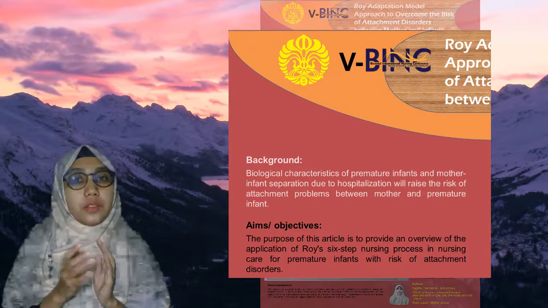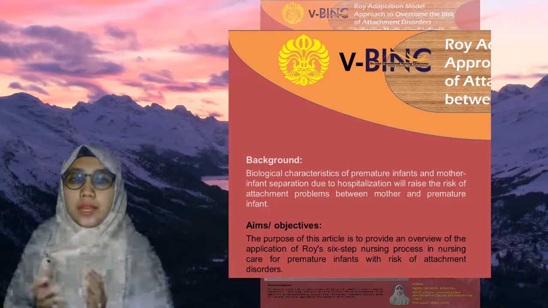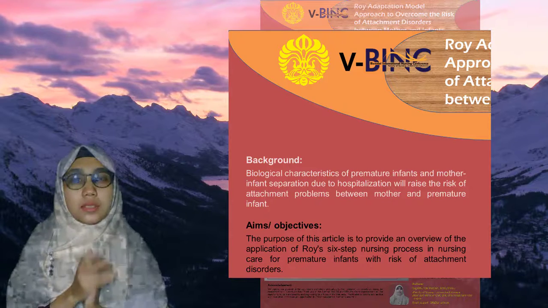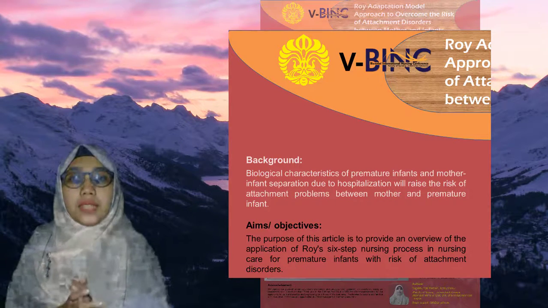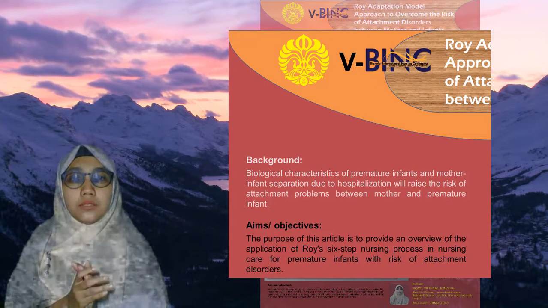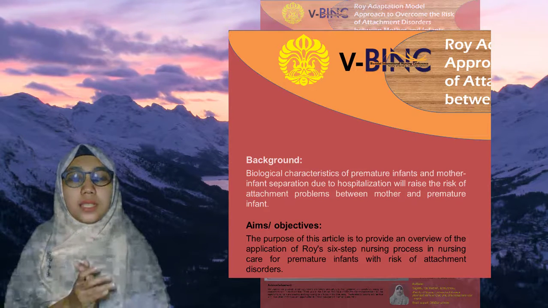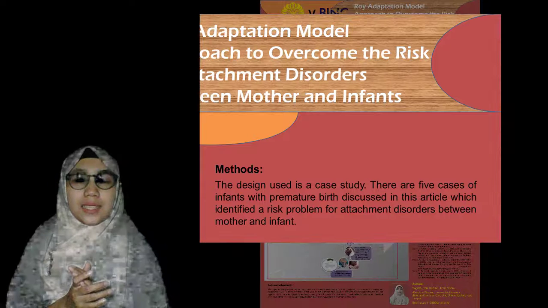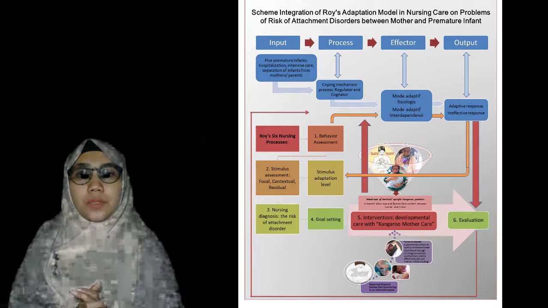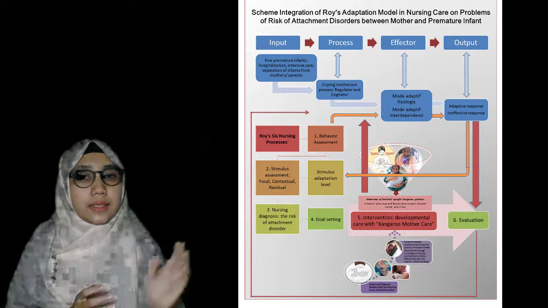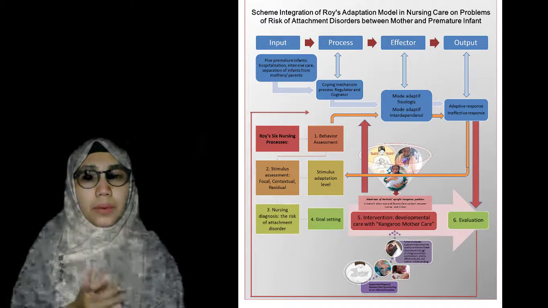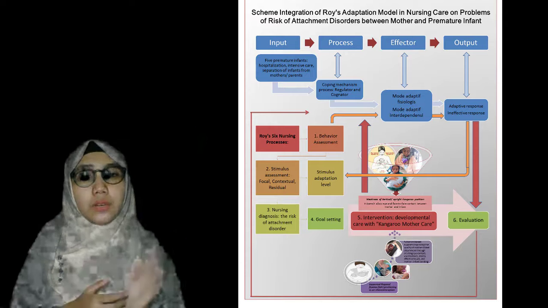The purpose of this presentation is to provide an overview of the application of Roy's 6-step nursing process and provide nursing care to premature infants with risk of attachment disorders, and the design used is a case study. The following is an integration scheme of the Roy adaptation model in nursing care of premature infants with the risk problem of attachment disorder.